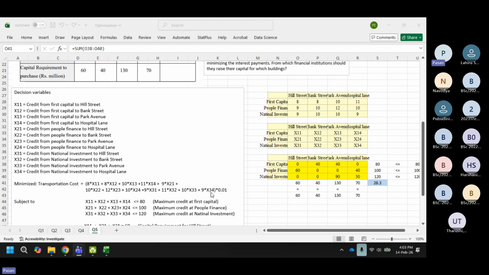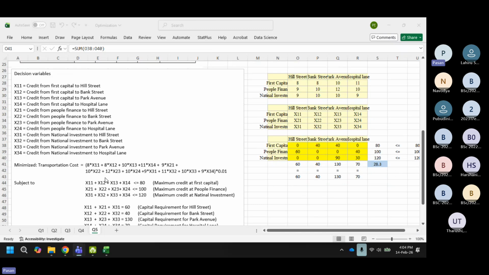You want to minimize that interest that you'd like to pay. Even if you don't multiply the 0.01, it doesn't matter. This is just some number that you want to minimize, okay?